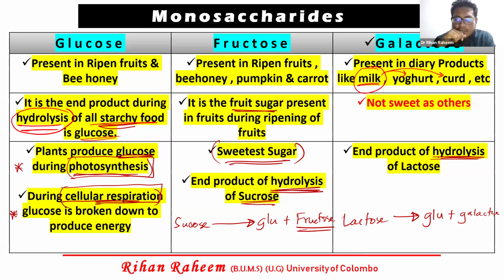Just now we said earlier, present in milk. Fresh milk, is it sweet? Now you go to the shop and buy Highland fresh milk or Kotmale fresh milk, Ambewela fresh milk. Without putting sugar, can we normally drink the fresh milk? We can drink, but it's not sweet, no? Can you understand? Galactose is not sweet.